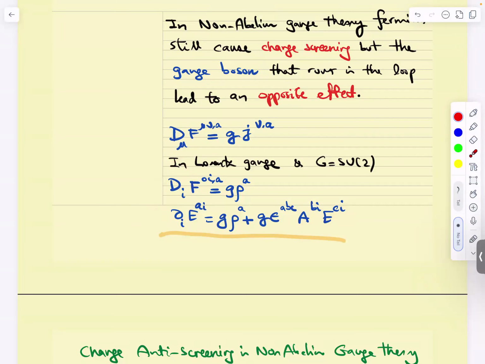This is a covariant derivative, which means there is a correction term that looks like g epsilon ABC. Epsilon ABC is the totally antisymmetric tensor, the f ABC of SU2, the structure constants of SU2. I is a space-time index, and A, B, C are gauge indices.